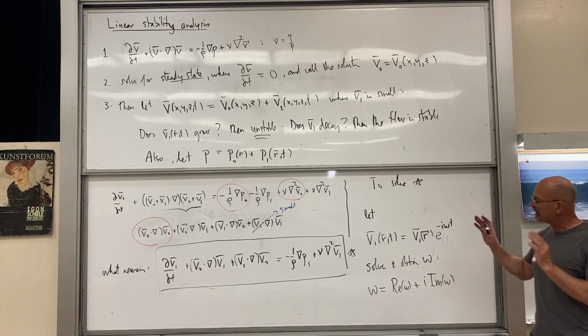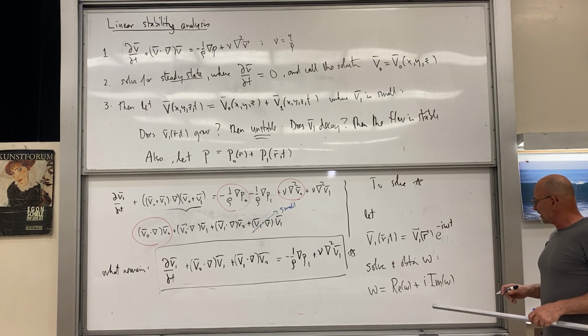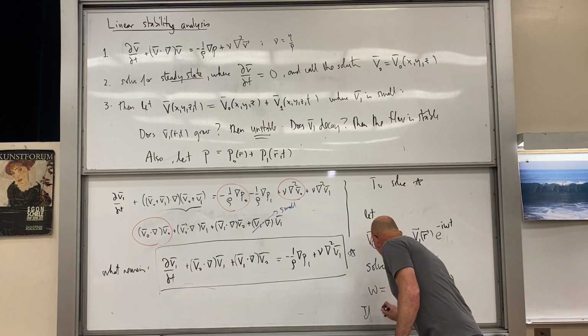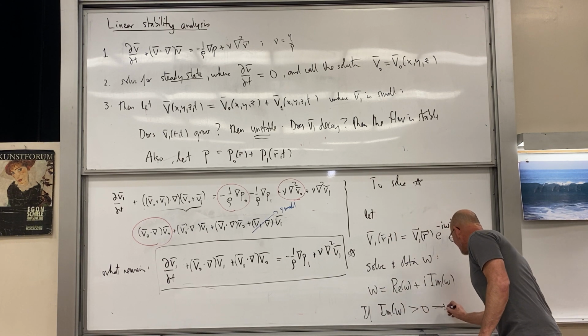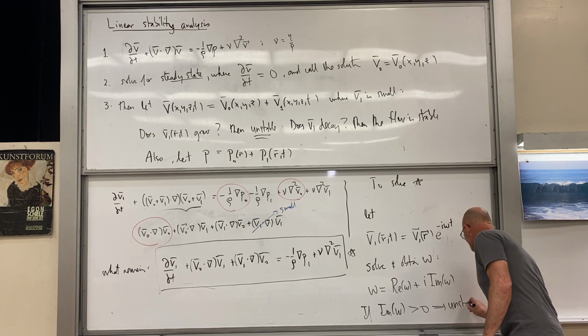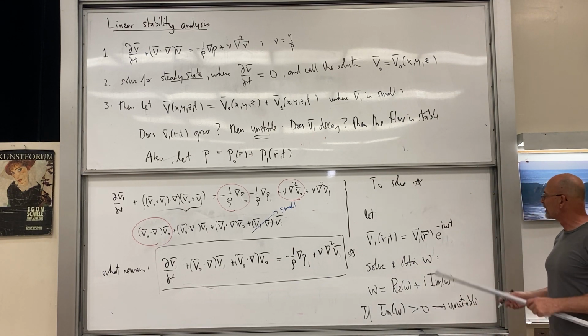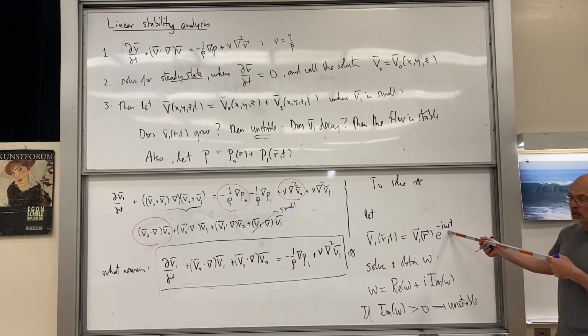So really that's the standard linear stability analysis schema. If imaginary part of omega greater than 0, then unstable. So it looks like we have a schema going here. Remember, you can see why, because this is then going to grow without bounds.